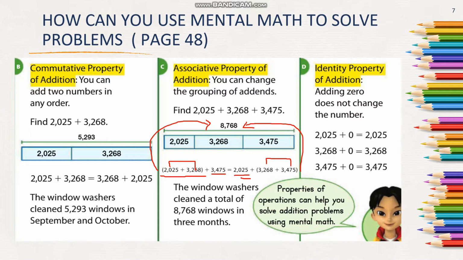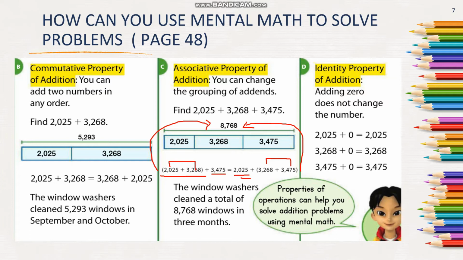The next one is the identity property of addition. When we say identity property of addition, adding 0 does not change the number because 0 has no value. In short, any number added to 0 is equal to the number.